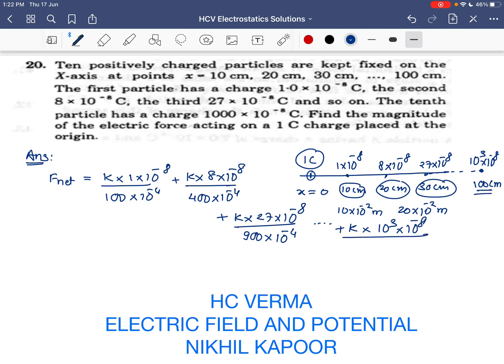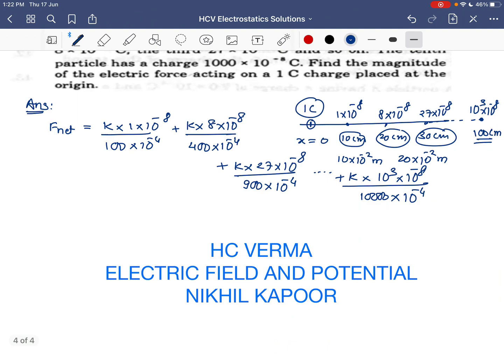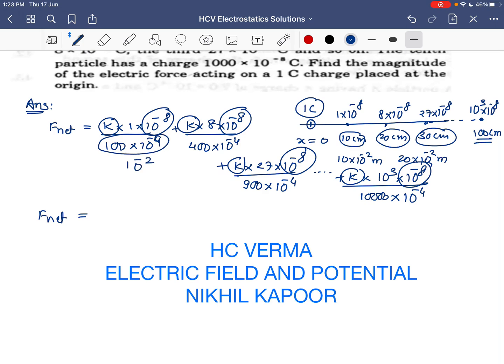The distance is 100 into 10 raised to minus 2, so the square of 100 will be 10,000 into 10 raised to minus 4. Now let's take the things which can be taken as common. k everywhere can be taken as common. 10 raised to minus 8 can be taken as common. As you can see in the denominator, minus 4 plus 2 comes out to be minus 2, so 10 raised to minus 2 can also be taken as common.